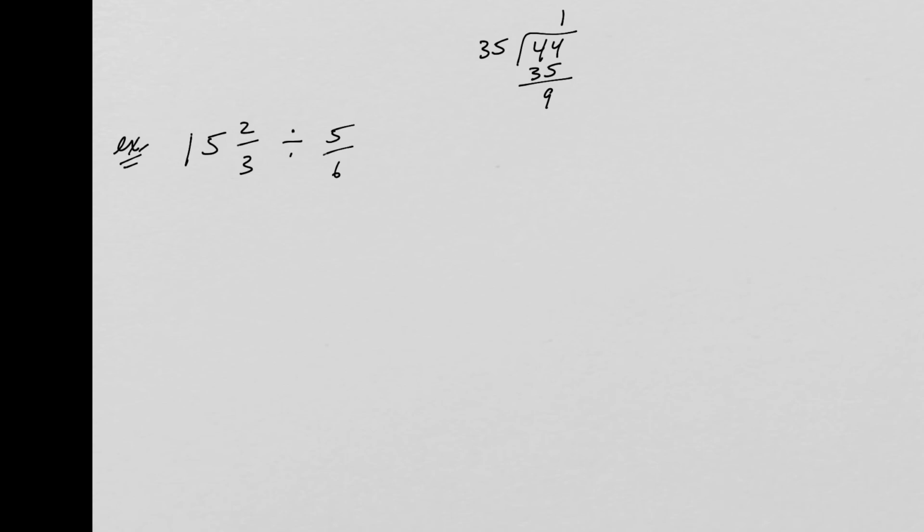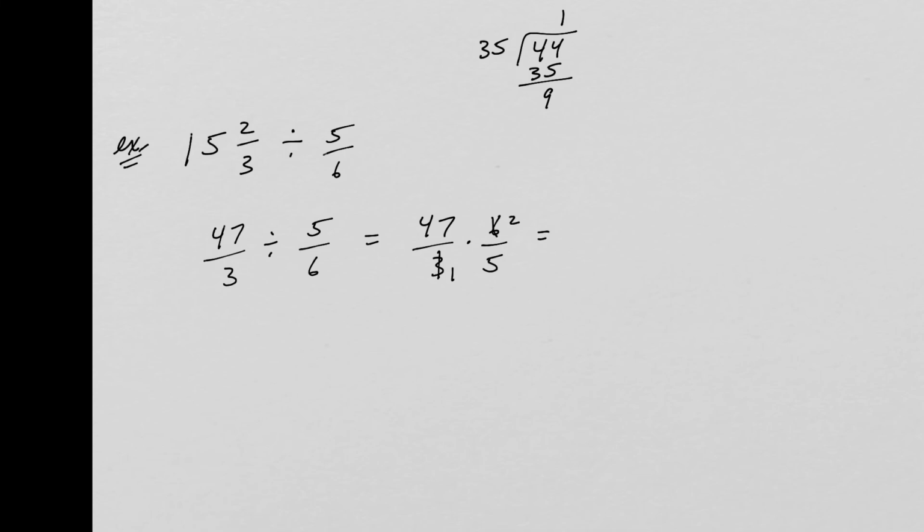So 3 times 15 is 45, plus 2 is 47 thirds divided by 5/6. Well, that's the same as 47 over 3, times, and I have to flip it, right? So 6 over 5. I can simplify a little bit here, right? 3 goes into 3 once, 3 goes into 6 2 times. That's about all I can do.